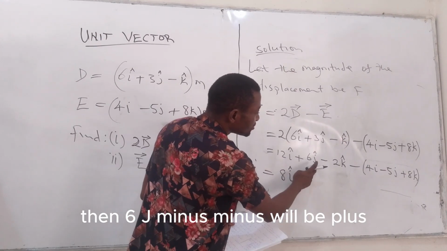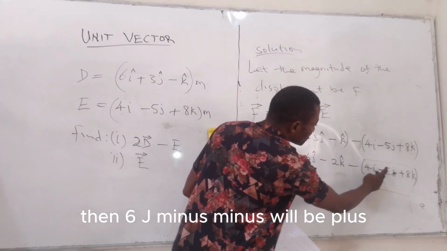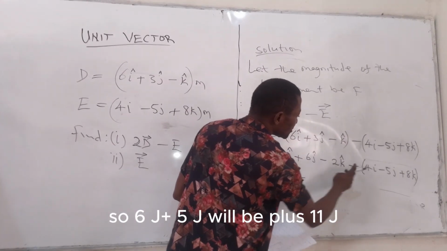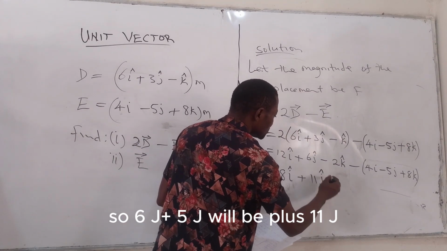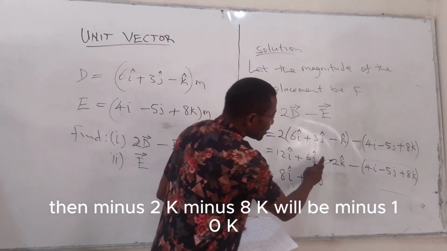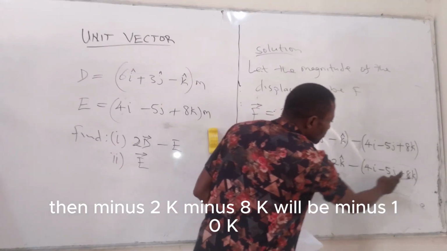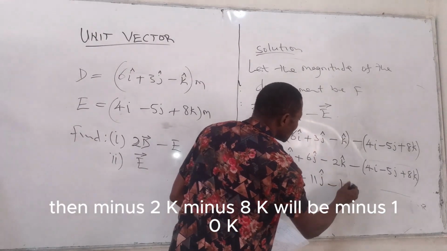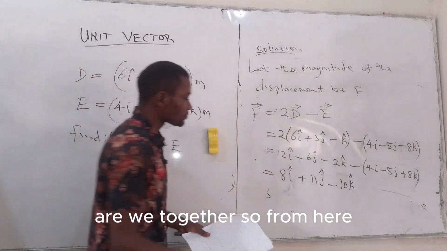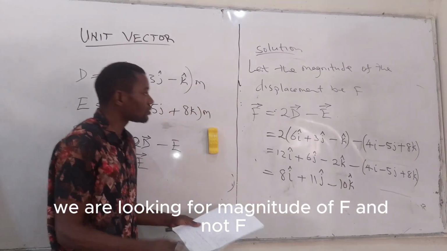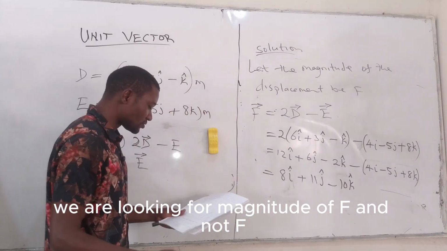Then 6j minus minus will be plus, so 6j plus 5j will be plus 11j. Then minus 2k minus 8k will be minus 10k. Are we together? So from here, we are looking for magnitude of F and not F.